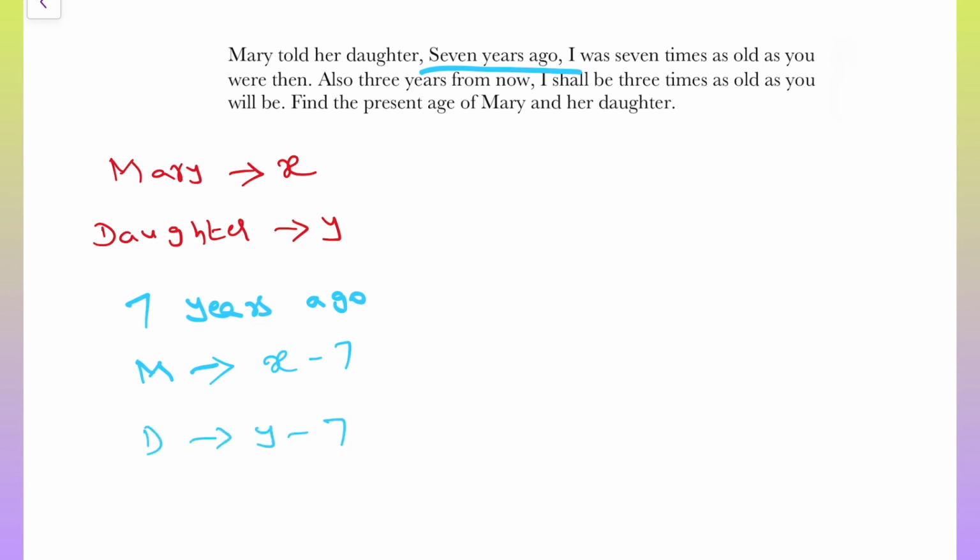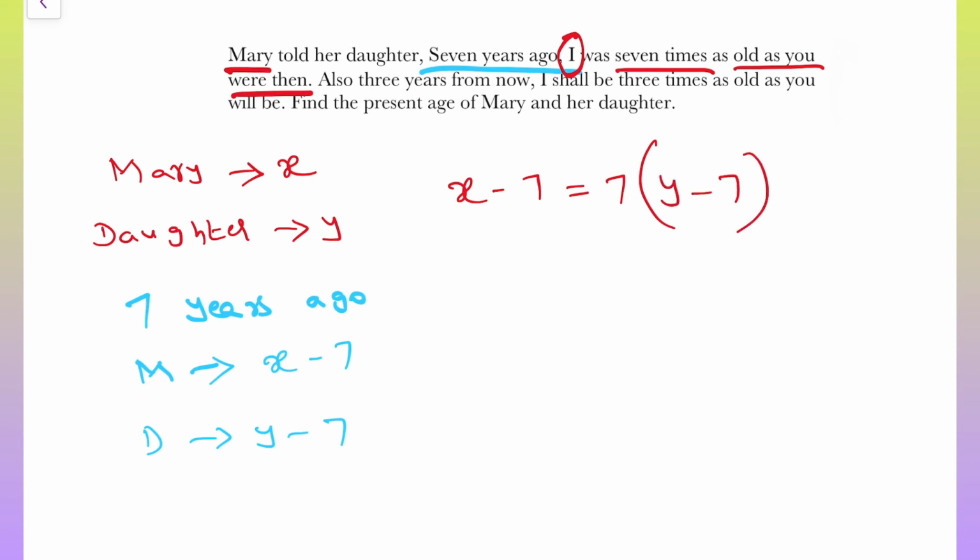Okay. 7 years ago, I was. Who is I here? That is Mary, because Mary is saying to her daughter. So Mary is x minus 7 equals 7 times as old as you were then. For daughter she is saying, right? So daughter is y minus 7. That's it. Let us simplify this further.